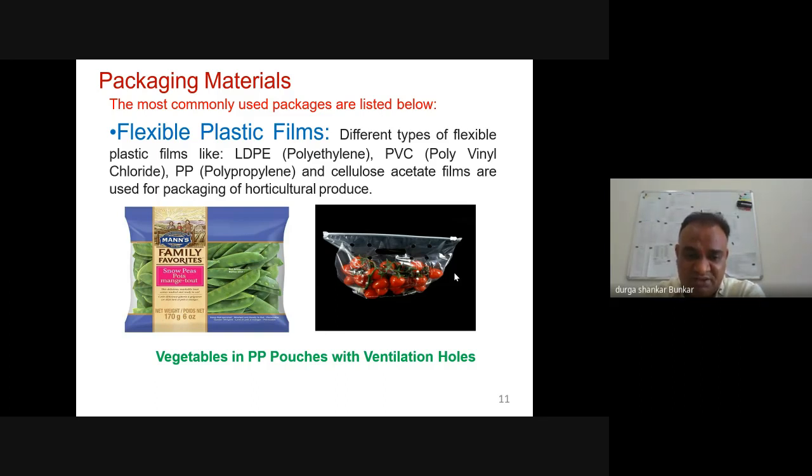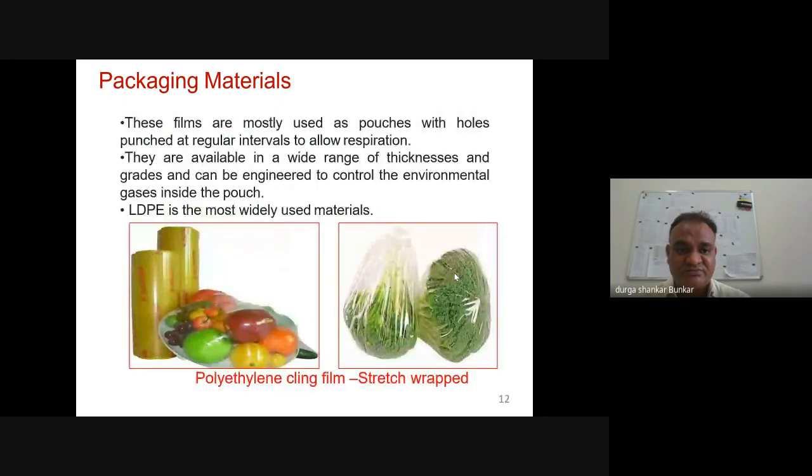In the slide there is a vegetable in a PP pouch, a polypropylene pouch with ventilation holes, which provide an exchange of gases. That is much needed to extend shelf life.